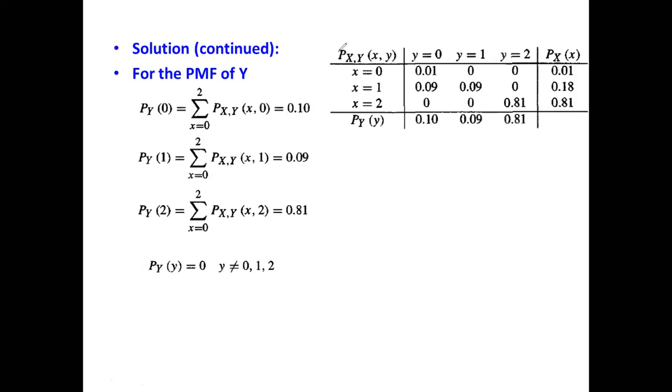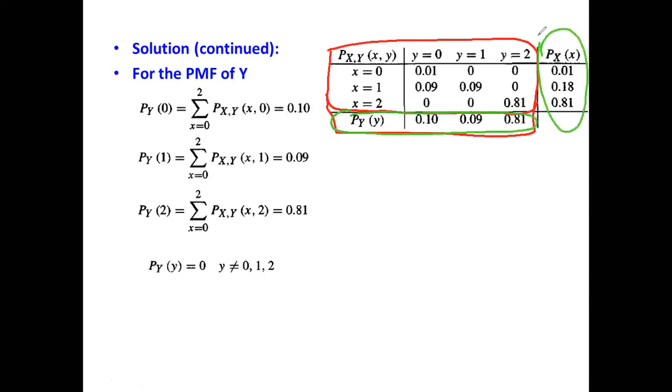Look at this joint PMF. That one was up to joint PMF, not that one, up to this one. This is an extra row, and this is an extra column. So what actually is this?